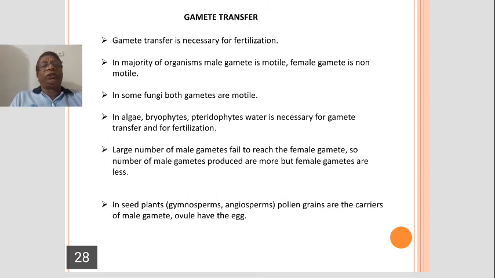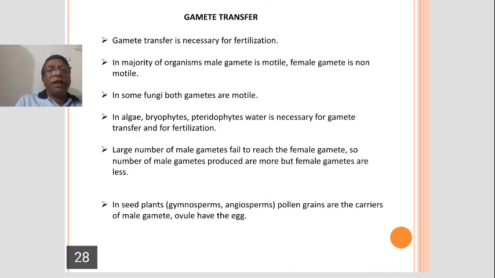Antheridia produce the sperms. Sperms are ciliated or flagellated. Whereas the egg or the ovum is produced in the archegonium.